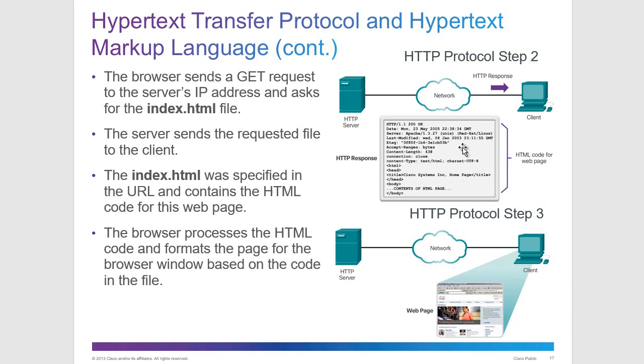Of course you don't want to see this HTML code when it arrives back at your computer. All right, so that's the whole process. DNS, you send a GET request to the server. The server sends back the requested page in HTML code, and then your browser is going to decode it and format it so that it becomes the web page you see in front of you.